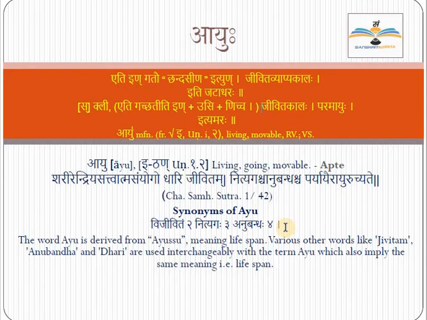Actually, the word bandha belongs to the root verb badhnati. Right. So life is actually tied up with so many things. We know in our life we have lots of things to do. Purusartha we have, right? So dharma, artha, kama, moksha: our life is tied up with all these things.